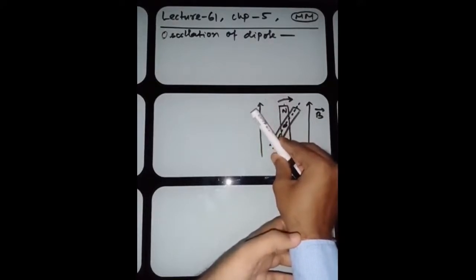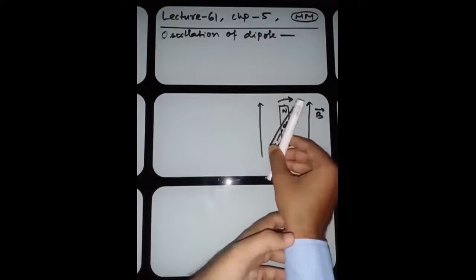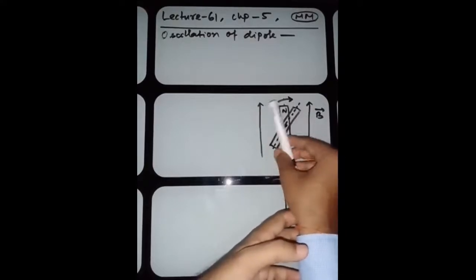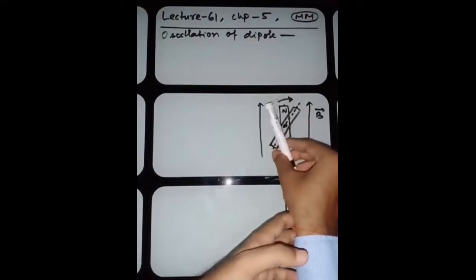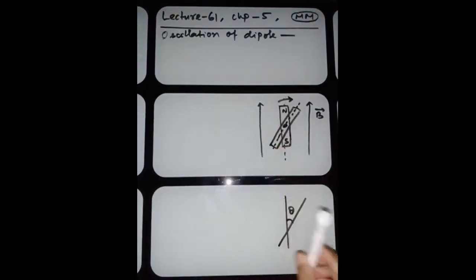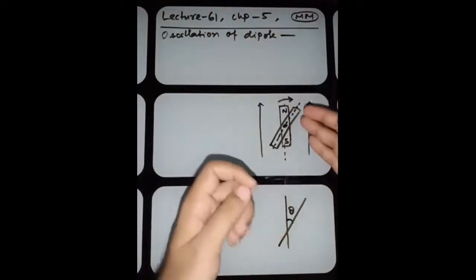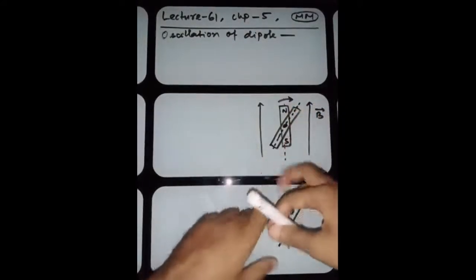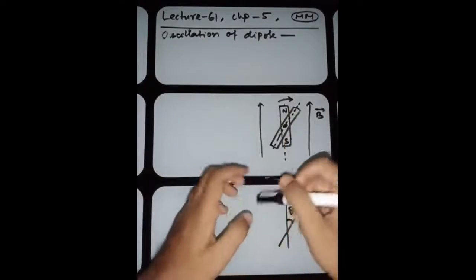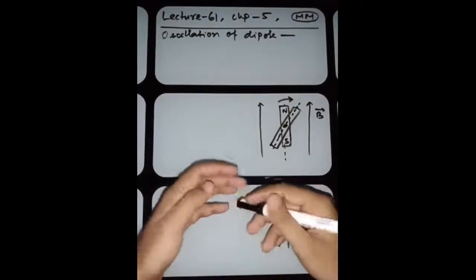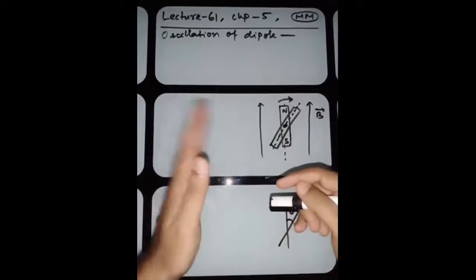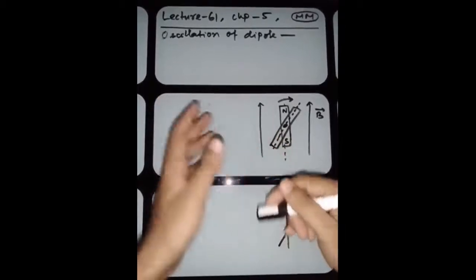Again it regains its position, and this happens for some time, and it looks like oscillating about its actual line. This will be considered simple harmonic motion. We are going to find the time period of that harmonic motion, my dear student.